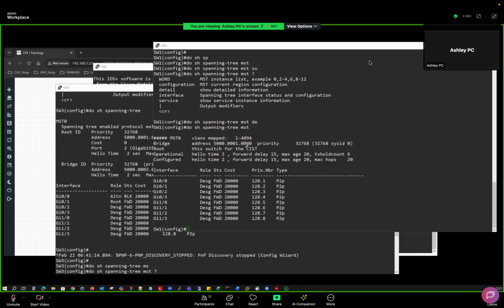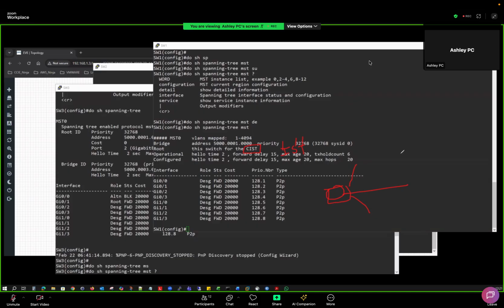Sir, CIST is the common internal spanning tree protocol, or IST is written over there. IST means internal spanning tree protocol, which has the capacity to interoperate between your MST and PVST.